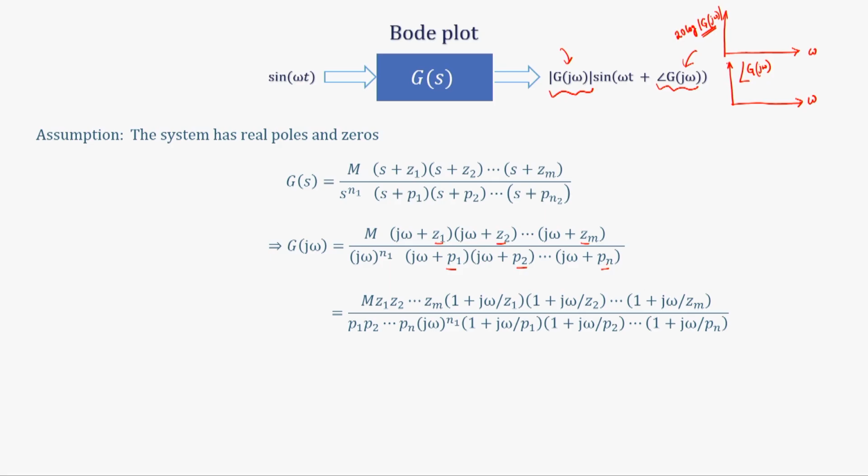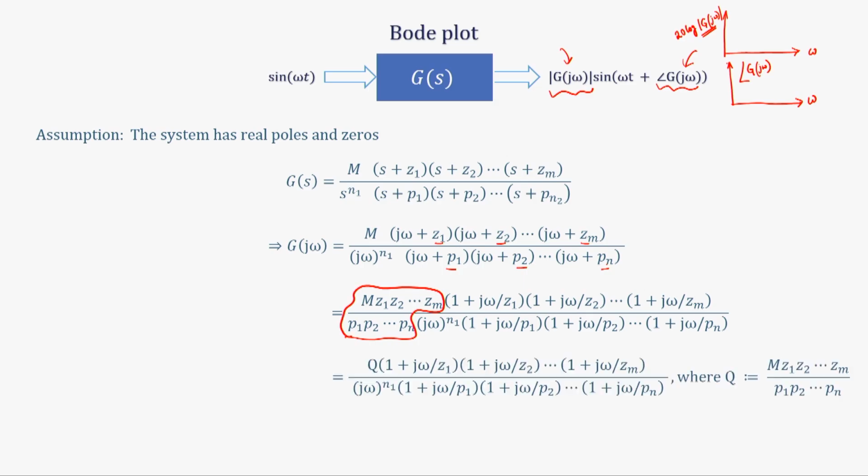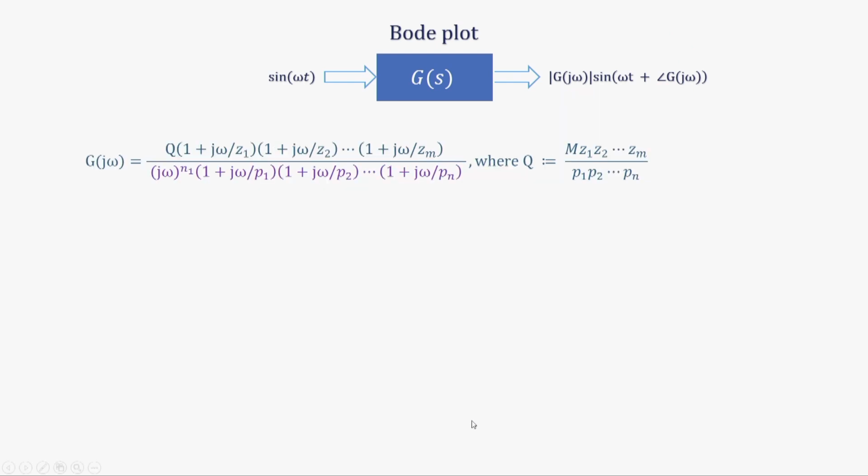You can take it to this form, and notice that these terms here are constants. So, I can replace them by some constant value, say q, and the rest of the terms are all dependent on omega. So, this is what our G j omega looks like.